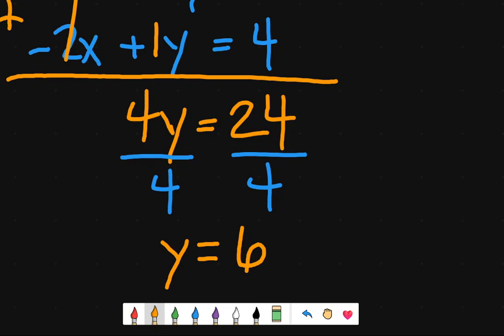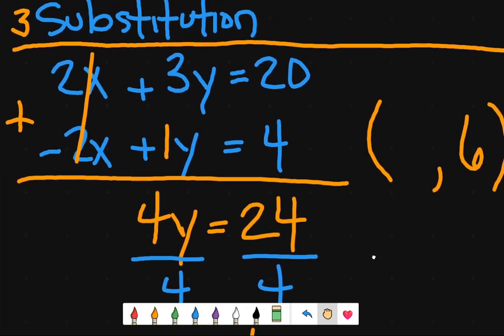All right, so what we have so far is y, which we'll put here in the ordered pair. We have y is equal to 6. Now remember, in the graph it was 1, 6. So we know the first part is correct when we found y. Now with y equals 6, you must go back to one of the original equations. It doesn't matter which one, but we'll just choose the first one. You actually have to substitute now.